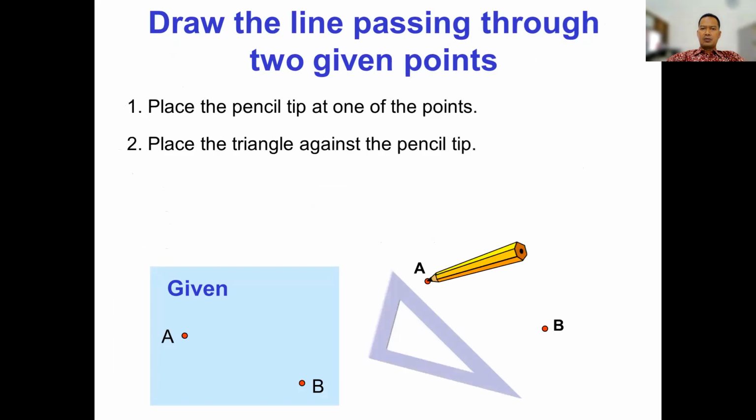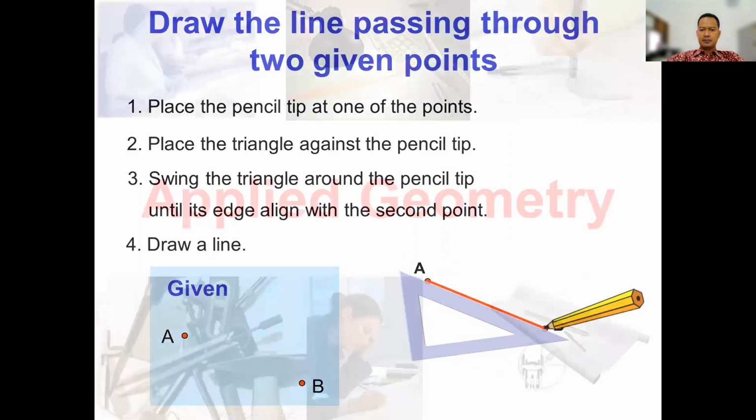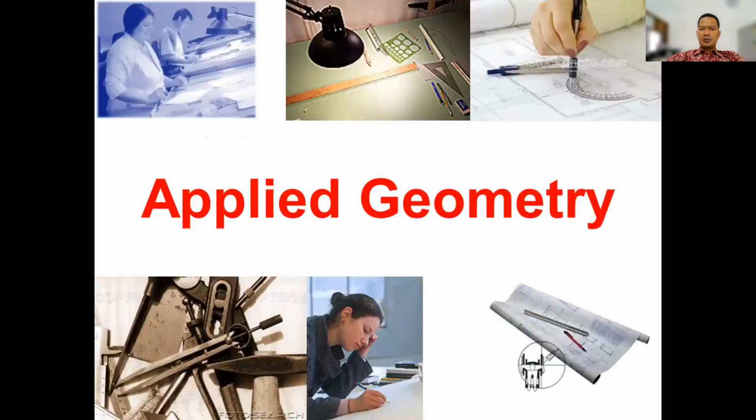Draw a line through 2 given points. Just place the pencil tip at one point, and then the triangle against the pencil tip, and then slide the triangle to the other point, for example E and B. Just draw a line. And then the applied geometry.